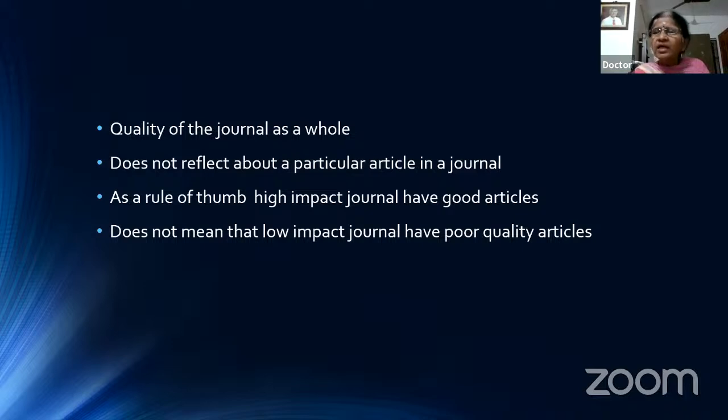If you have published an article in a low impact journal, it doesn't mean that it is of poor quality. It might mean that a particular person could not get access or could not publish in that particular journal, so he or she had to publish in a lesser-known journal, which might have a low impact factor, but that particular article might be good. So both are not true.